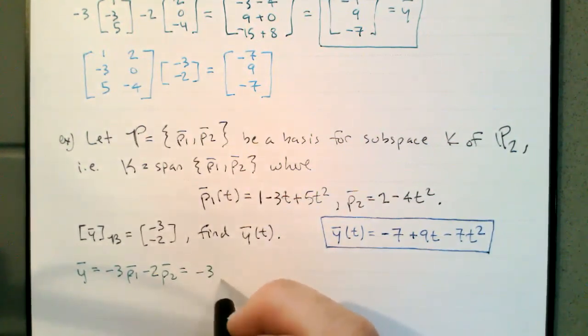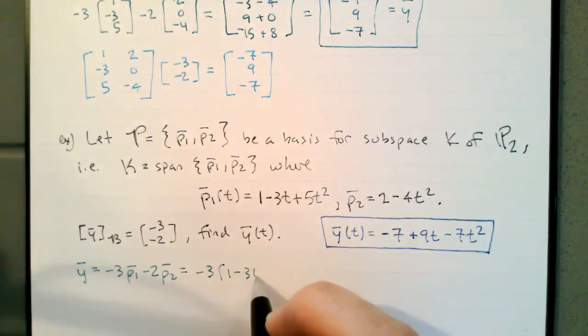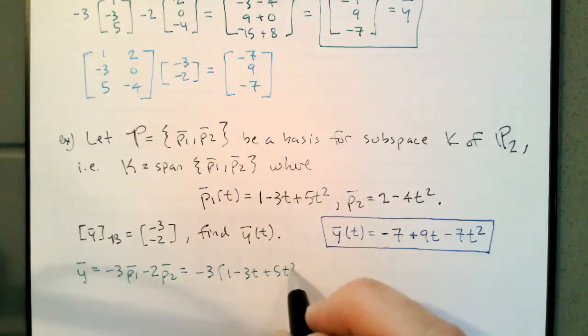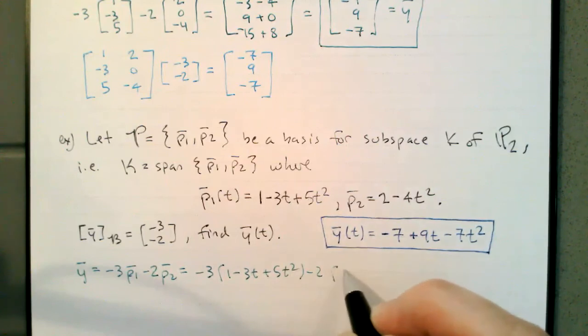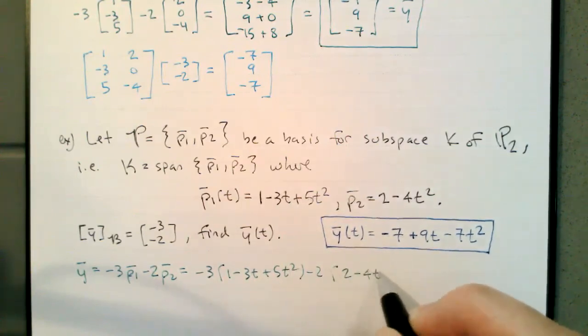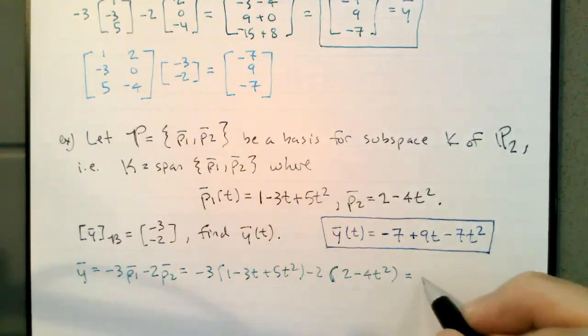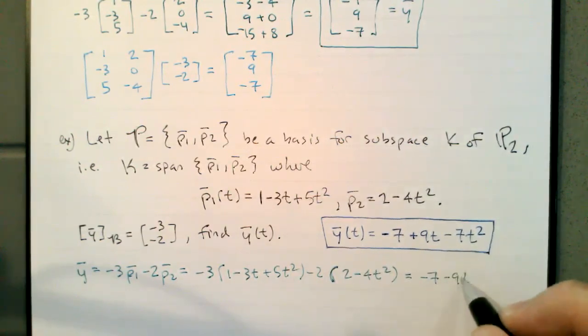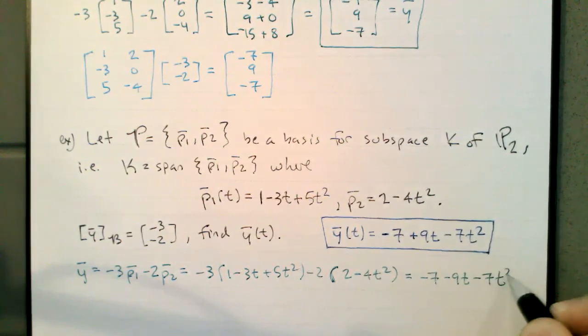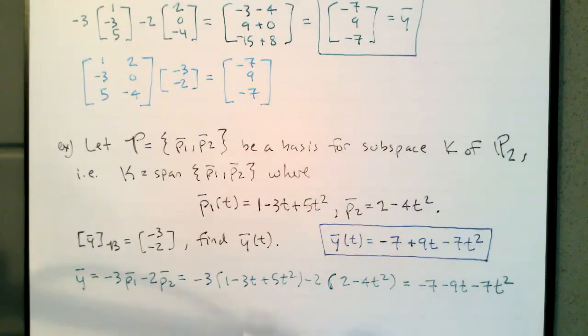So that's -3 times p1 minus 2 times p2. And then if we just use the distributive property and gather like terms, I've got -3 minus 4, 9 plus 0, -15 plus 8.